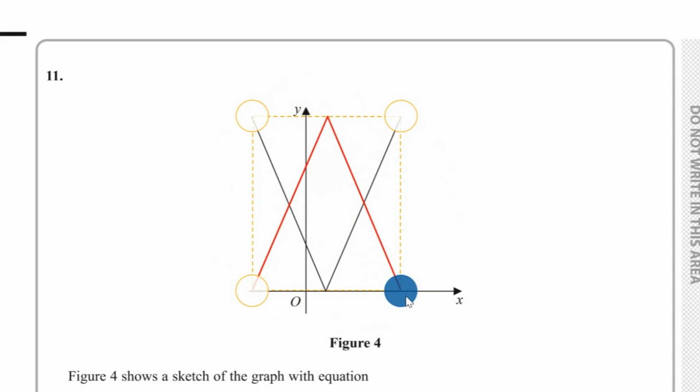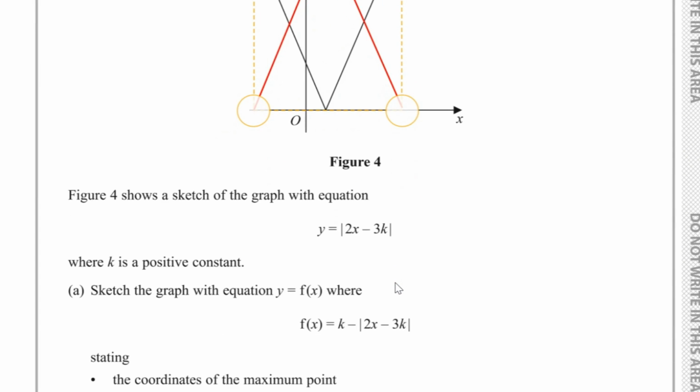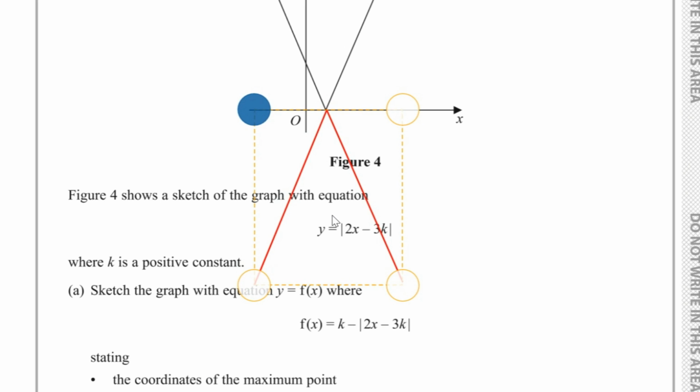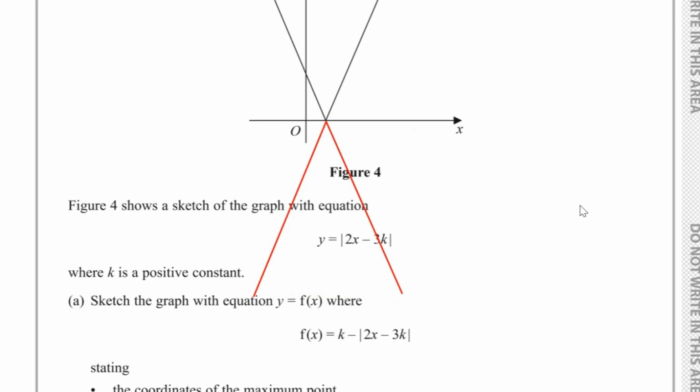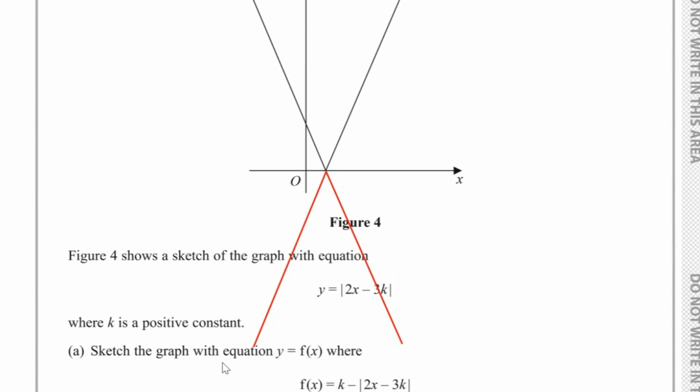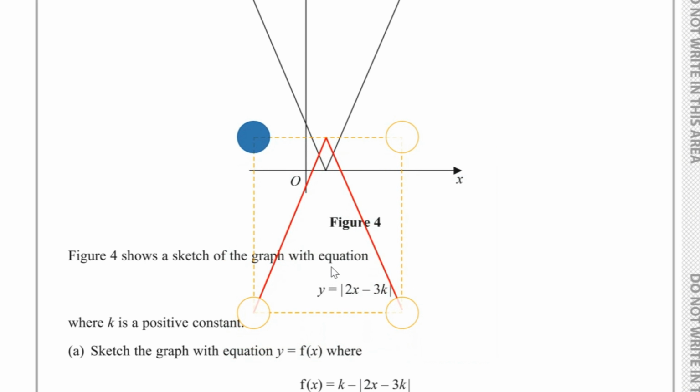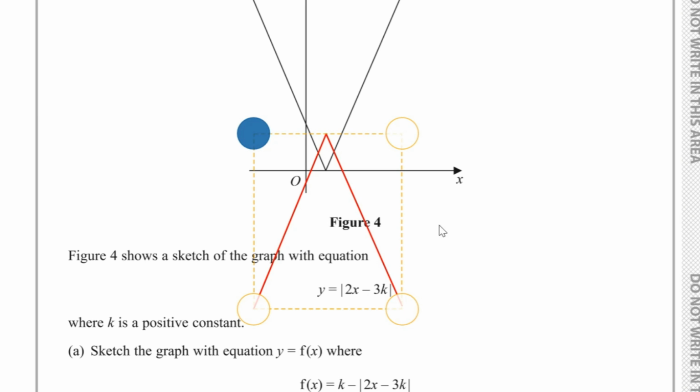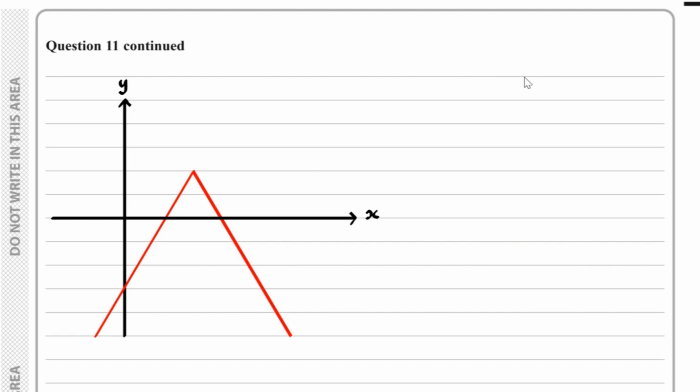So if we reflect the graph, we have something looking like this, and then once we've reflected it, we need to translate it k units up. So we're expecting our graph to look something like we see here. So let's just sketch that. So here is a quick sketch of the graph.